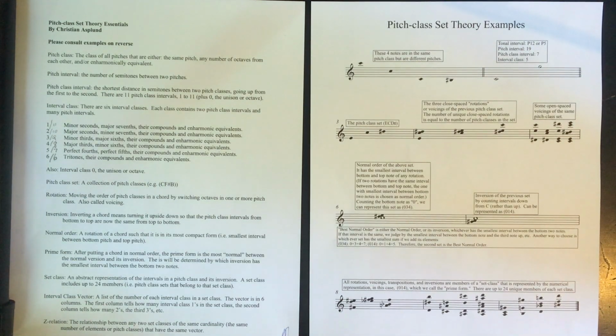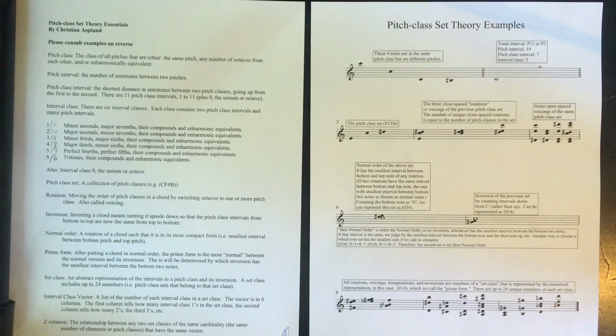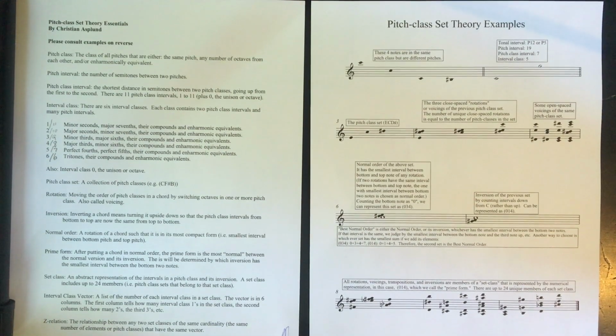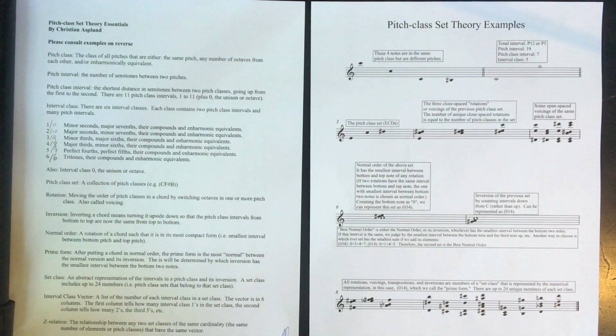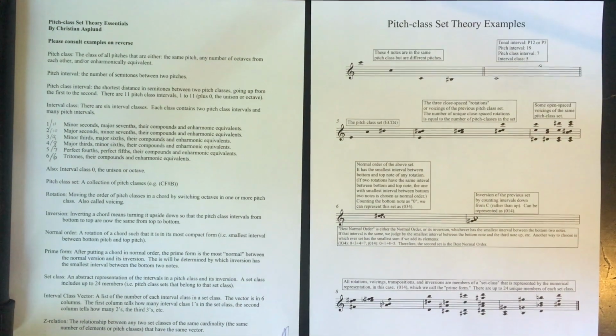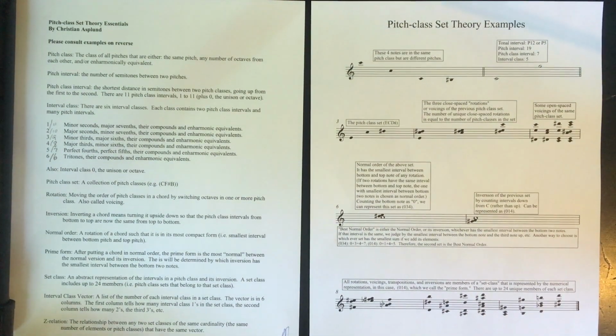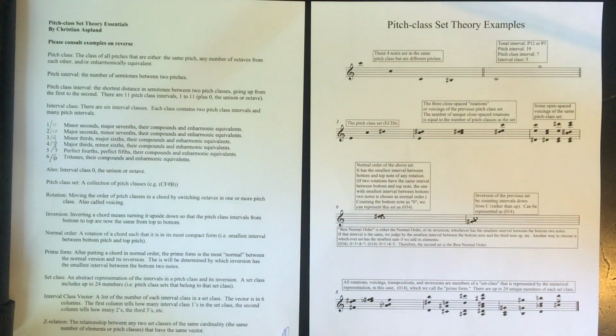So a trichord has 3, tetrachord has 4, pentachord has 5, hexachord has 6, heptachord has 7, octachord 8, nonachord 9, decachord, I don't remember the other ones. But anyway, we mostly deal with trichords, tetrachords, and then maybe hexachords, pentachords a little bit. But mostly trichords are the one we're going to focus on the most.